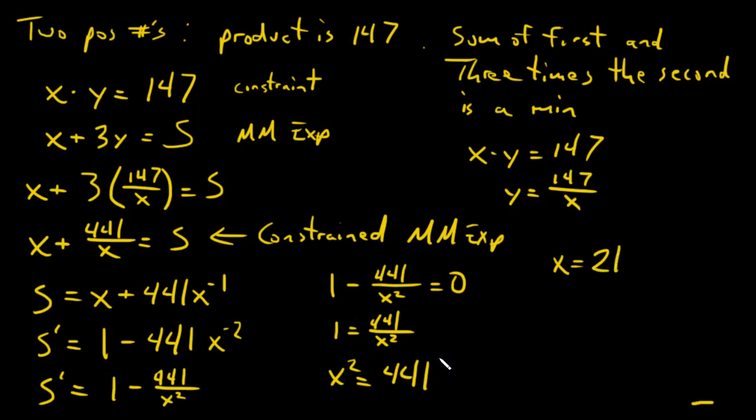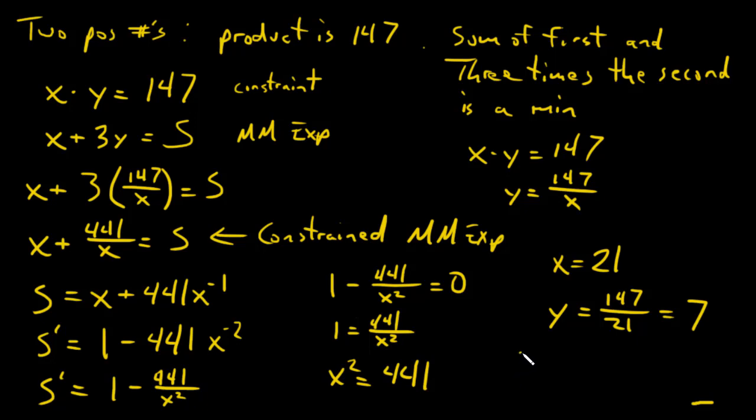Okay? So, if x is 21, what is y? Well, y is 147 divided by 21. Y is 7. So, what is the minimum sum?